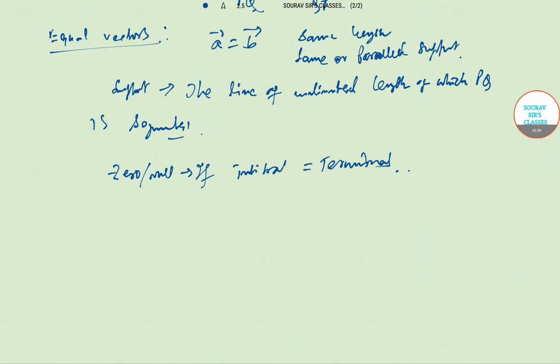Collinear vectors means vectors having the same or parallel support are called collinear. This support concept is very important: same or parallel support. Coplanar means a system of vectors is said to be coplanar if their supports are parallel to the same plane.